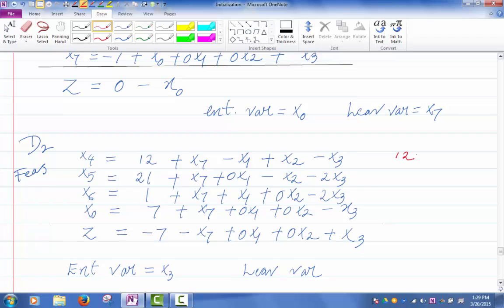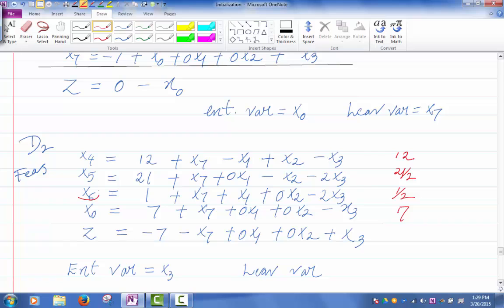21 divided by 2, right? In the third row, what's the largest value of x3 you can pick? Half. What's the largest value of x3 you can pick in the last one? Okay, which one is the smallest?